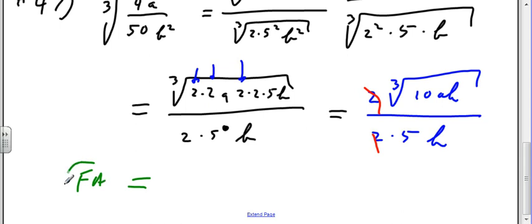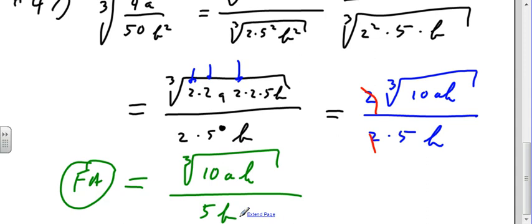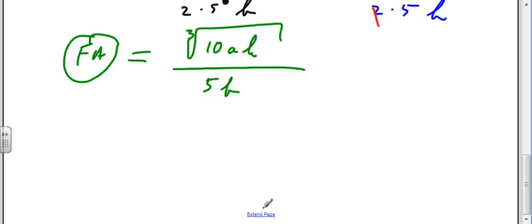Final answer: cube root of 10ab divided by 5b. Well, that seems like too much work for 1 point on a test, right? Yeah, pretty much. All right, so we'll go down to 54 next.